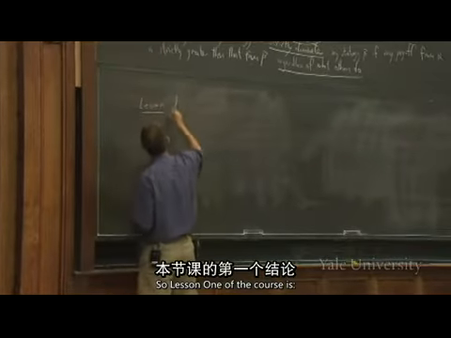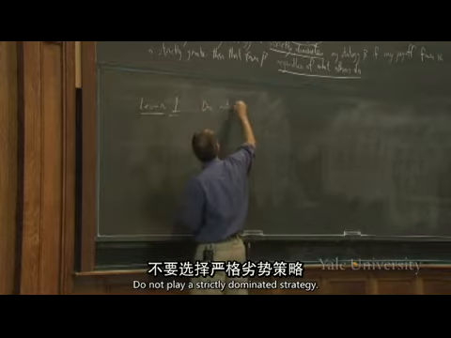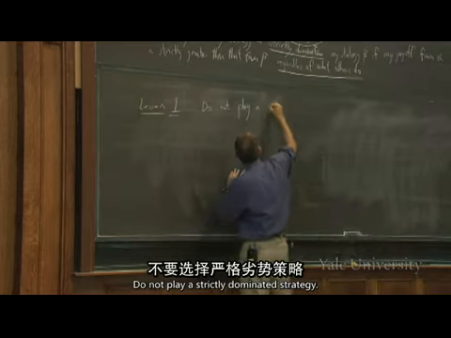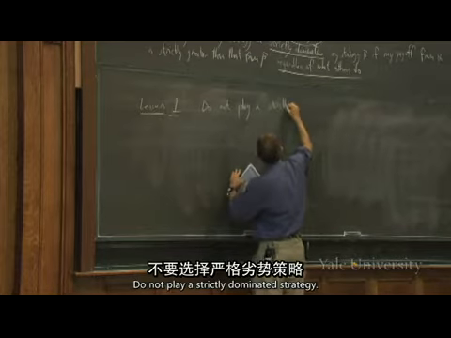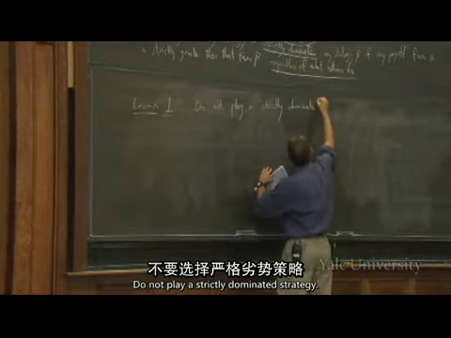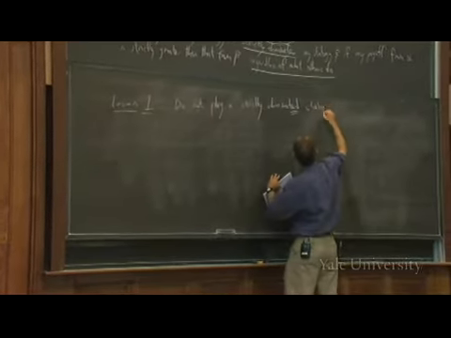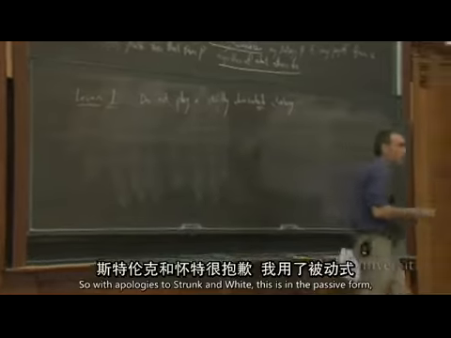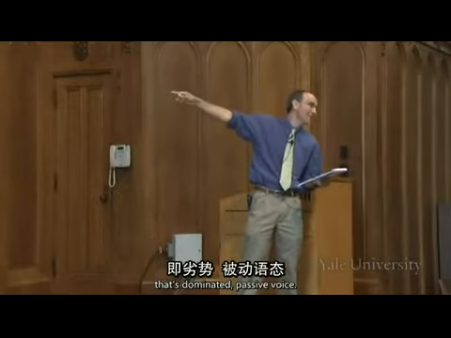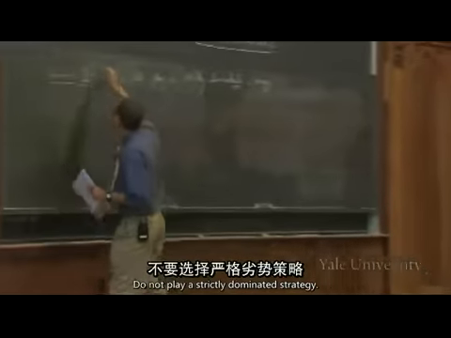Lesson 1 of the course is: do not play a strictly dominated strategy. All right, so with apologies to Strunk and White, this is in the passive form. Okay, this is dominated, passive voice. Do not play a strictly dominated strategy.